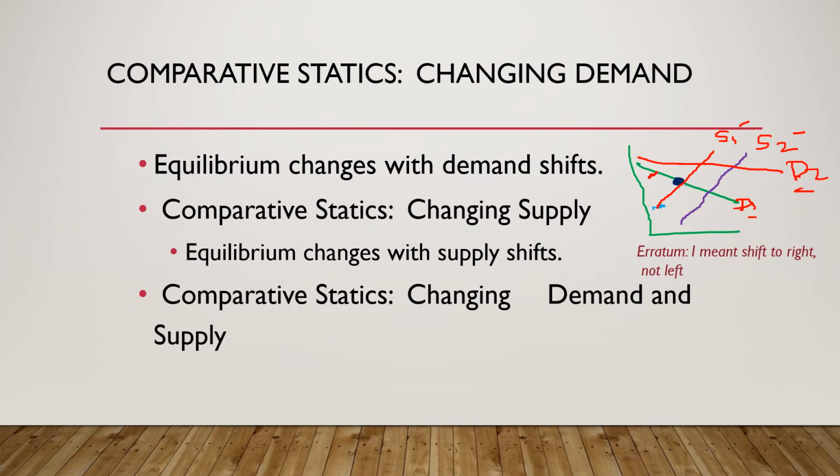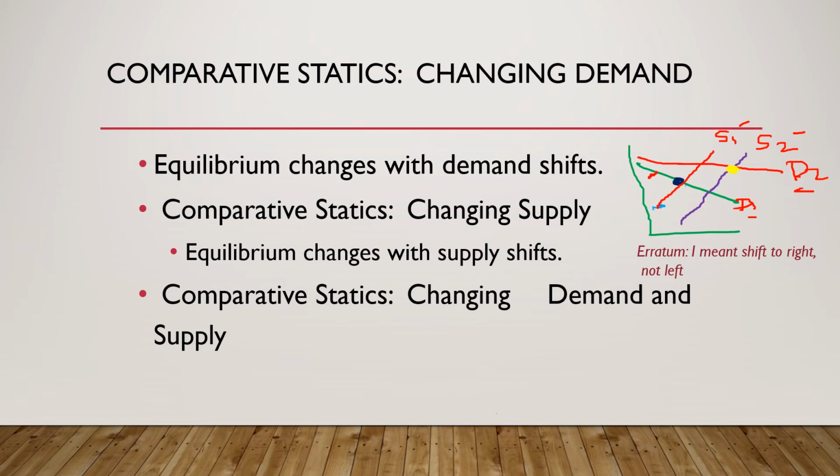So when both the supply curve and the demand curve shift, there is a new equilibrium point. Just remember that every time demand or supply shifts, a new equilibrium point is created.